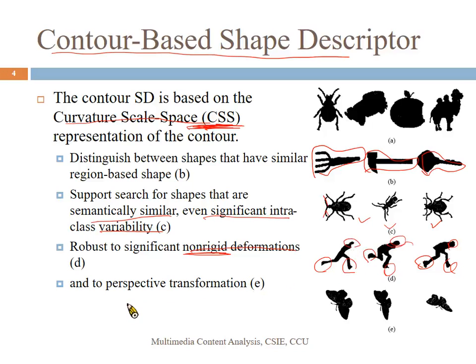Also, it's robust to perspective transformation, like the butterfly here. From different viewing points, the same butterfly object may have some perspective transformation. If we use the contour-based shape descriptor, we can provide a more robust representation.